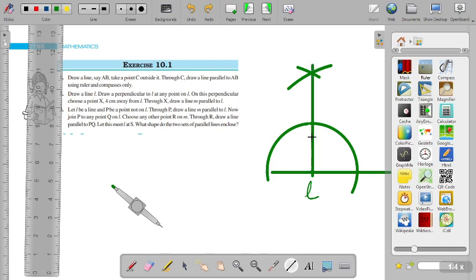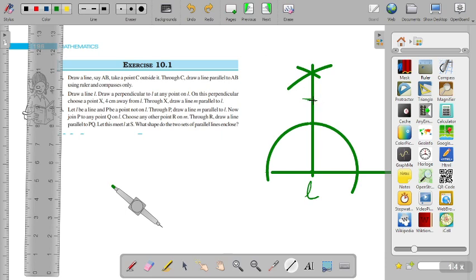Then we join L. So this is a perpendicular. You can see. Then after, on this perpendicular, take point X 4 centimeter from L. So from here to 4 centimeter. So using the scale, we have taken this is 4 centimeter.